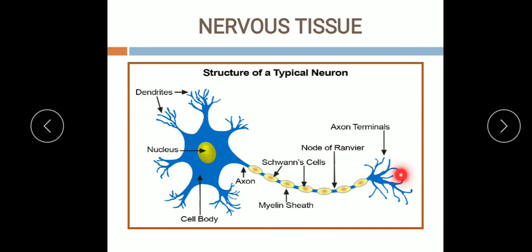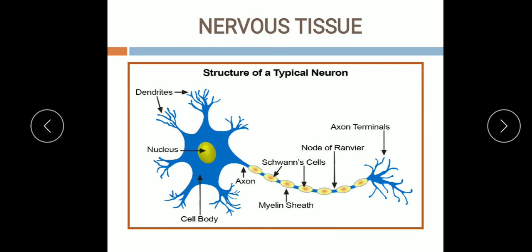And the other small branches I have already explained to you, dendrites and dendrons. So first here the dendrons are there, and these are the dendrons, and these dendrons divide to form the dendrites. What is the function of nervous tissue? It helps in the perception of stimuli.